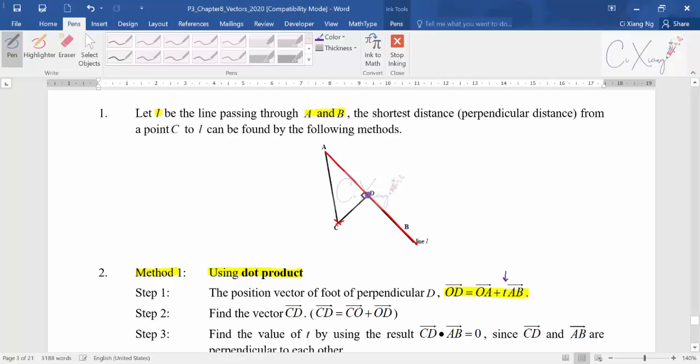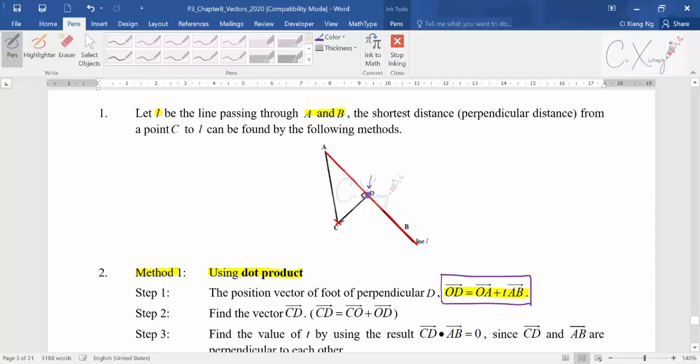But now, because I don't know the coordinate of D, I let it equal the vector equation. This is the vector equation formula for the line, just that now I assume it is the position vector OD of D.